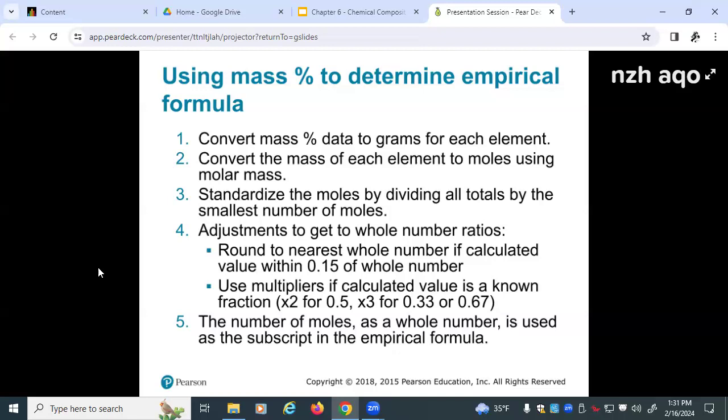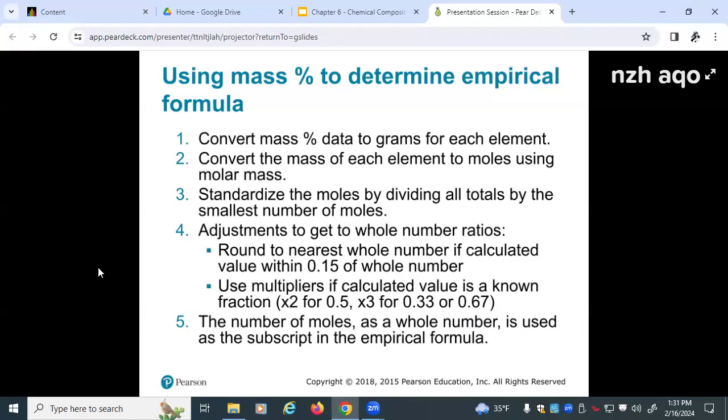I need to start with mass of each element that makes up this compound. And this is where mass percent data can be really useful. Because if we take mass percent as being a part of 100, what we can see is that mass percent data actually can give us a number of grams if we think about our sample as being a 100 gram kind of sample.